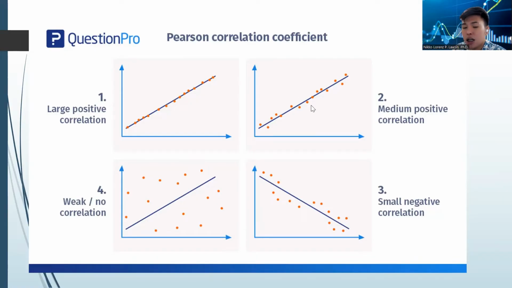You also see here that it is still increasing, so if you increase one variable, the other variable also increases. Number three, small negative correlation. It is negative because it starts from the negative side to the positive side. Well, in this one, the scores are really random. That's why you call it weak or no correlation. Is that clear to everybody? Okay, let's proceed.